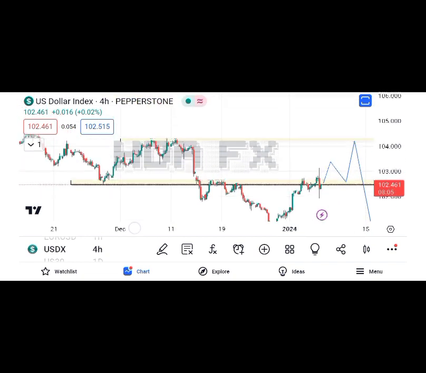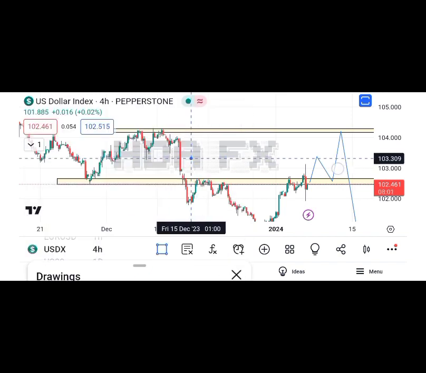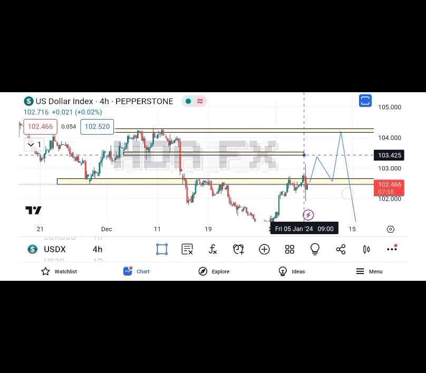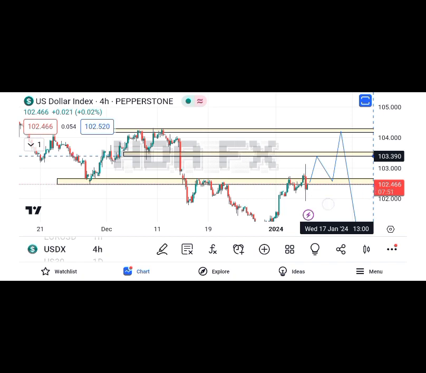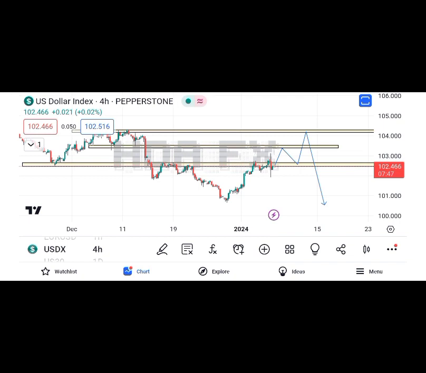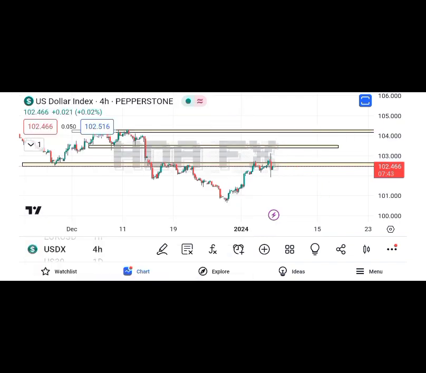But we also have another key zone here, a zone of interest, and also here at this very point. Like I said, you can see from my arrow, the pattern has been drawn.